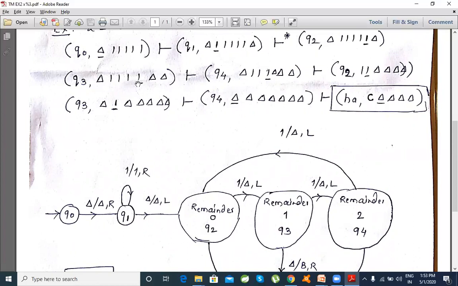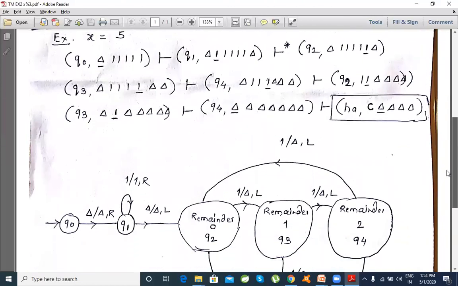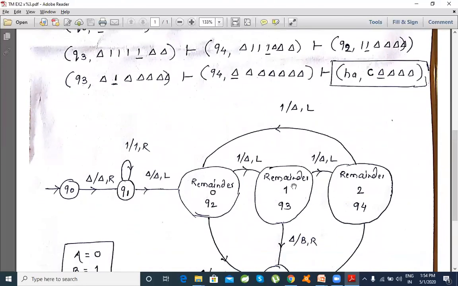Now the state is counting that I have seen a single one. So if you have one, the remainder would be one itself. You are changing to a particular state which remembers the remainder, after how many ones we have seen.